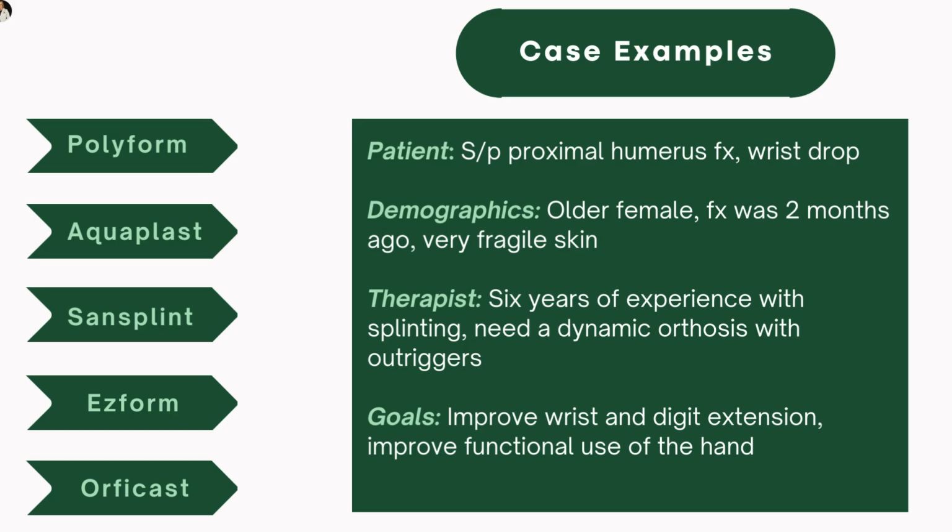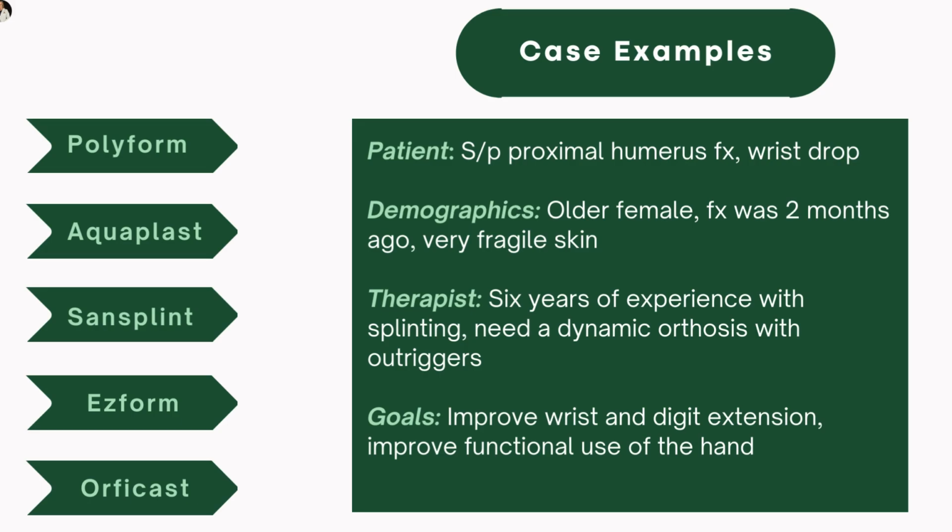It's not going to return to its original shape, which is okay here because you're a more experienced splinter. And it's very, very good for a base for outriggers. So that's something we need. We need outriggers for digit extension. And it has a high amount of rigidity. Again, this person is going to be wearing this all the time. They're going to want the splint to have a lot of support, have good strength, so that high amount of rigidity. So polyform so far looks pretty good.